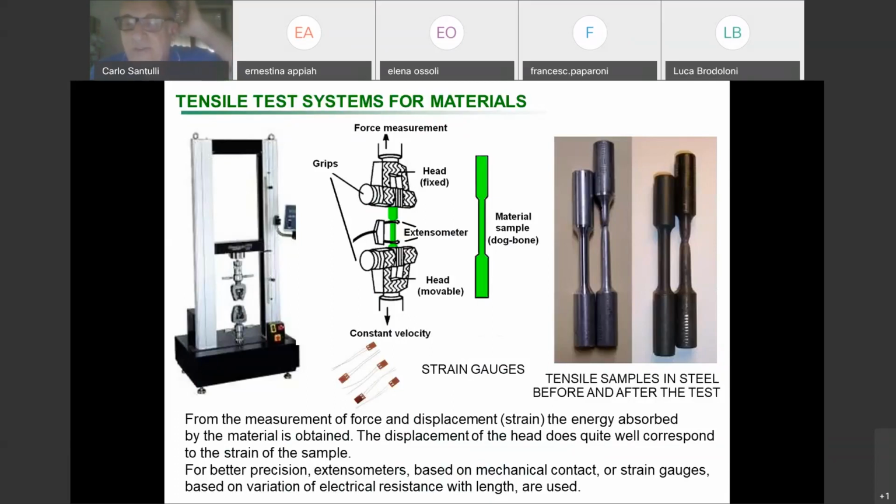Different types of steel. You can easily understand, for example, that the first one, the left ones, elongated a little bit more than the other ones. You can see that it's probably a little bit less than double. Probably it elongated 1.5 times the other one.